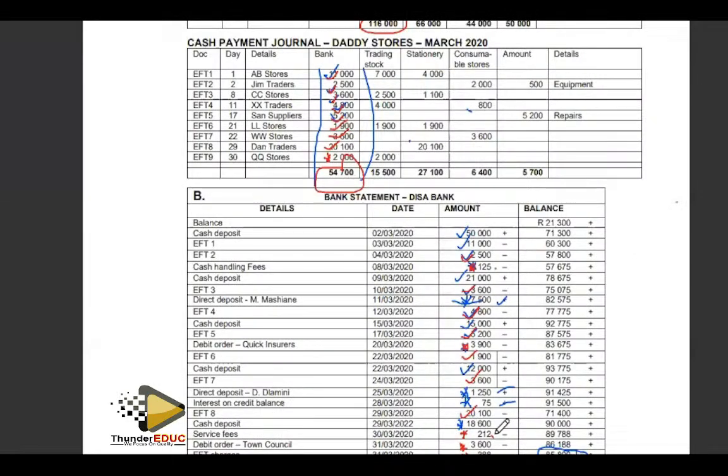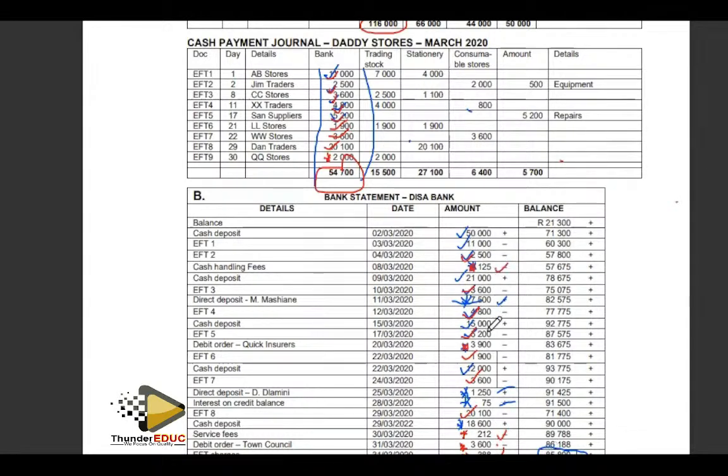So this one has been sorted. So I said whatever you finish, you tick off, okay? So you're going to come here and we tick off this. So this one has been dealt with. This one not yet. This one has been dealt with. And this one has been dealt with.